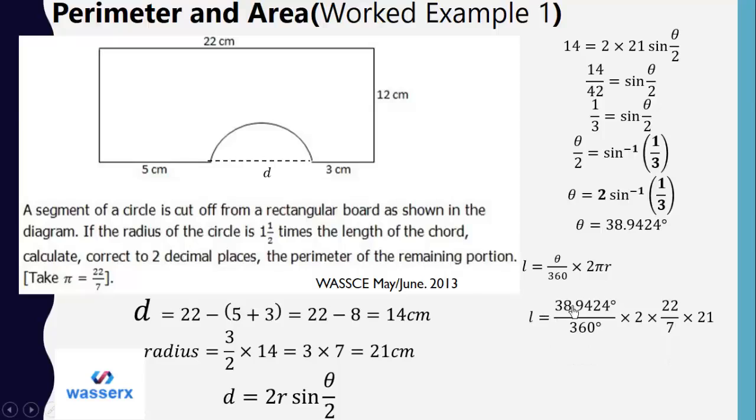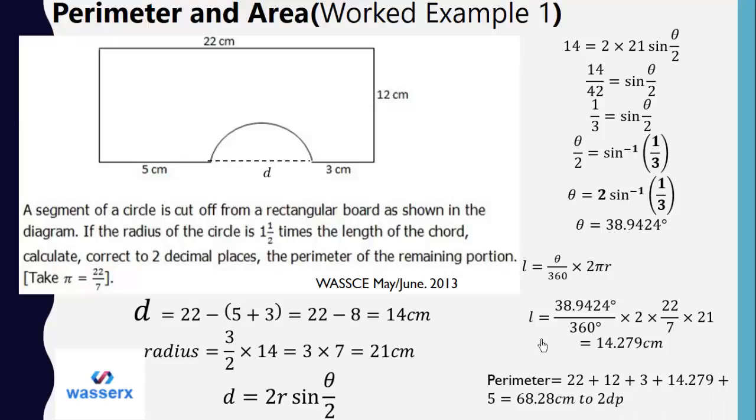So substituting all these values will give us 14.279 centimeters. So our perimeter now is equal to this: 22 plus 12 plus 3 plus 14.279 plus 5, and this will give us 68.28 centimeters correct to 2 decimal places.